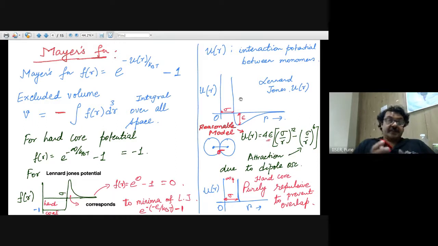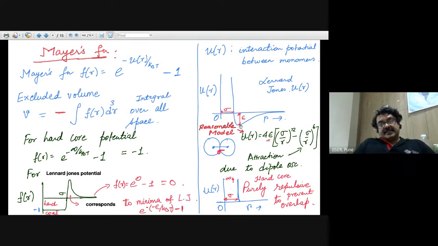And at very short distances, of course, monomers can't overlap, because there would be extremely strong repulsion between the electron clouds, say. So there is a very strong repulsion at very short distances, at distances say less than sigma, which is the size of the monomers, if you like, right?